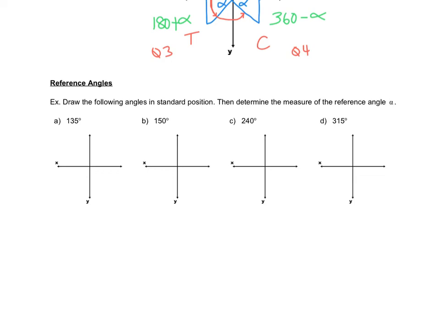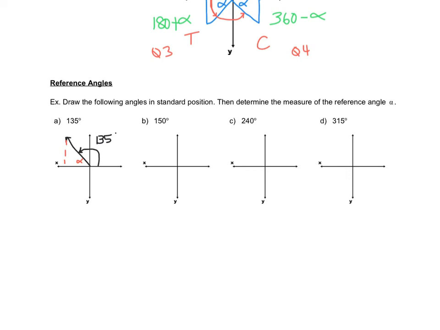So I'm going to take this 135. I know it's between 90 and 180, so it will be somewhere in quadrant number 2. Now 135 is this angle here, starting at the positive x-axis and reaching the terminal arm. The related acute angle is this angle here that is sandwiched between the negative x-axis and the terminal arm. It's the angle that would be inside the right triangle if I were to draw in that vertical line.